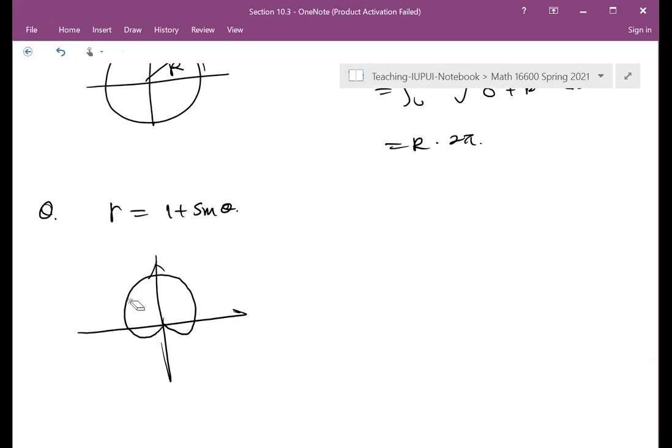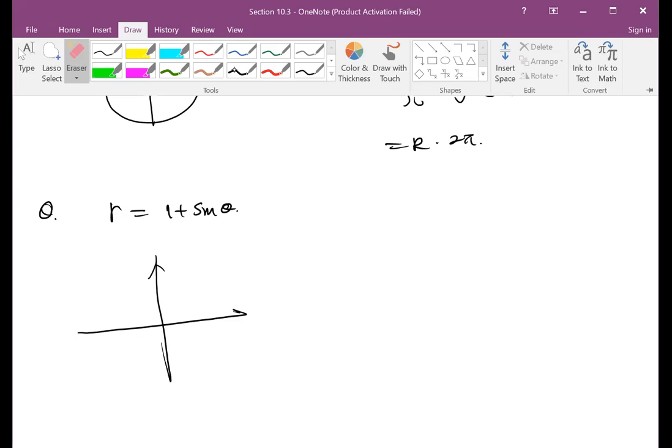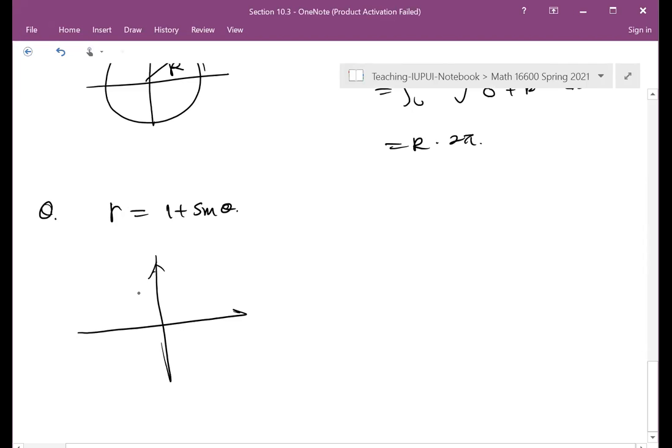Let me draw it a little bit differently. Looks like that. When theta equals pi over 2, it's 2 here. And here's 1, this is -1, this is 0.